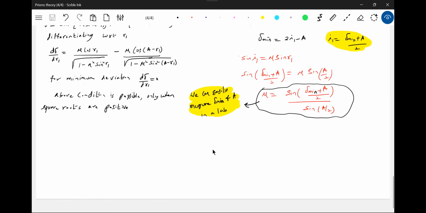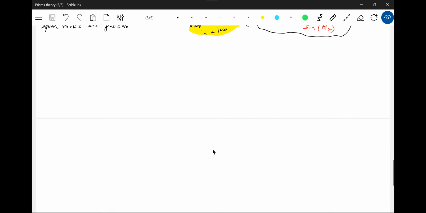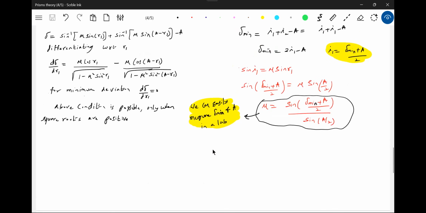So what actually happens at minimum deviation? A few questions like what actually happens at minimum deviation. I will take the prism.